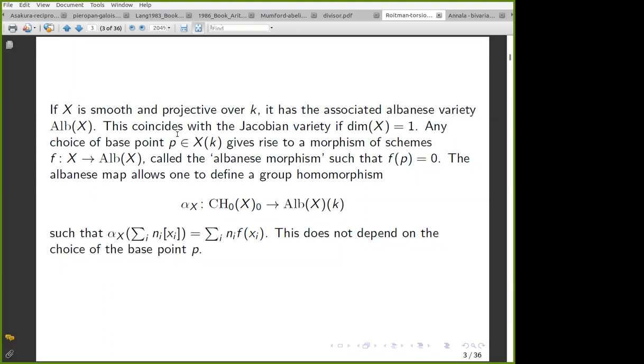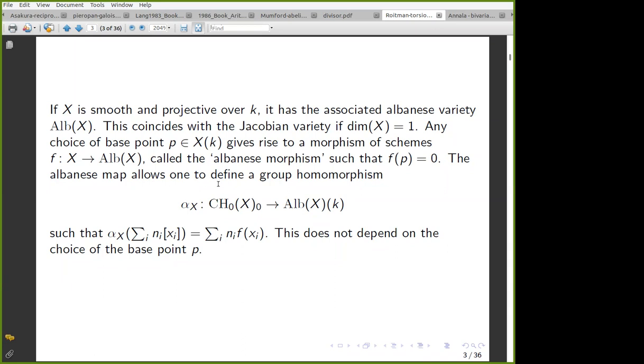This coincides with the Jacobian variety if X is a smooth projective curve. Any choice of a base point, a closed point P, gives rise to a morphism of schemes from X to Alb(X), which we call the Albanese morphism, taking that point to the identity element of the Albanese variety.